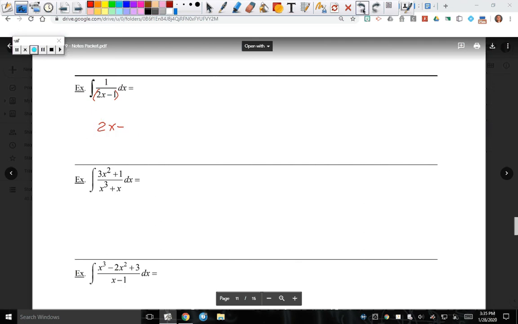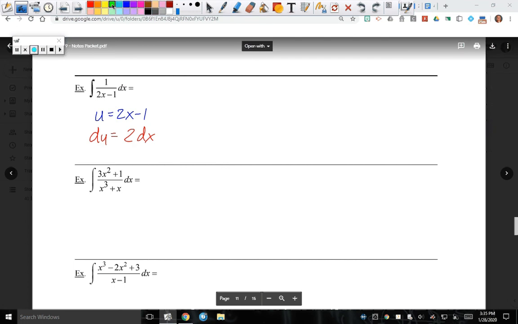Let's do u. And I really hope that the moment that I was hoping for last class happens in the next 3 minutes. Here we go. u is that. What's du? 2dx. Look at the scraps.